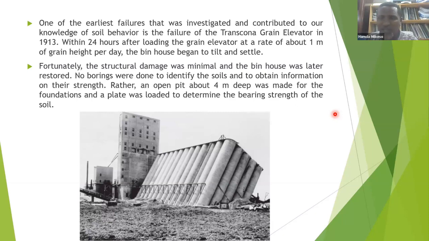I want to identify which is the initial cause for the failure of the structure. Is it a wind load which affects the structure to tilt and then differentially settle, which will initiate the failure of the structure?